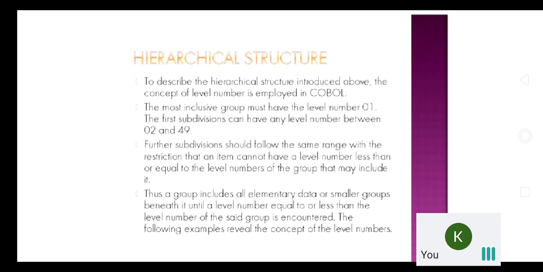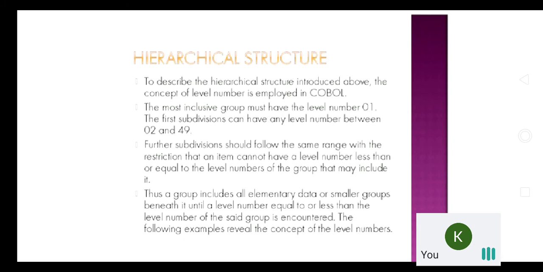For example, the most inclusive group starts with level number 01, and the subdivisions will have further level numbers. The rule here is the subdivision level number must not be less than the most inclusive group level number.